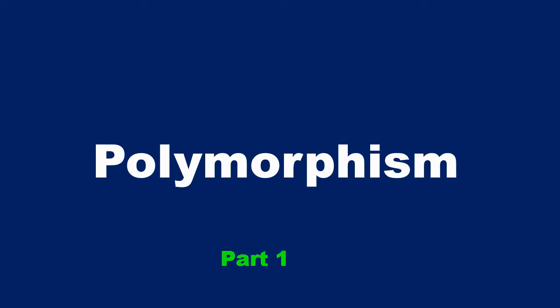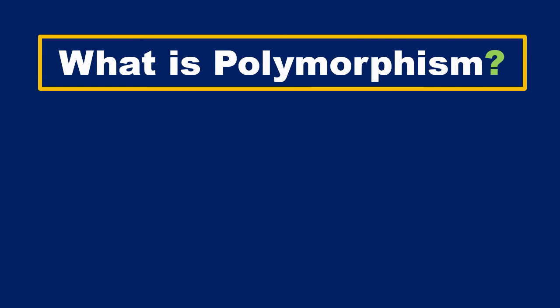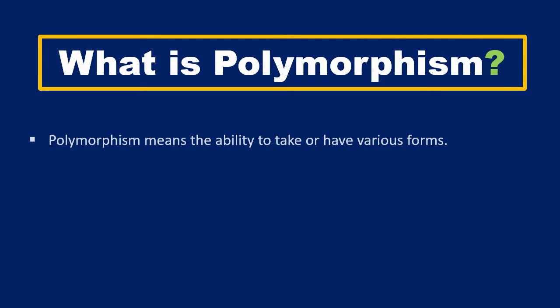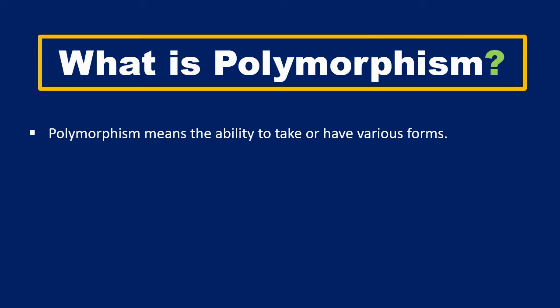Hello there. In this video, I'm going to introduce you to polymorphism. What is polymorphism? Polymorphism basically means the ability to take or have multiple or various forms. A typical example of polymorphism is a phone.